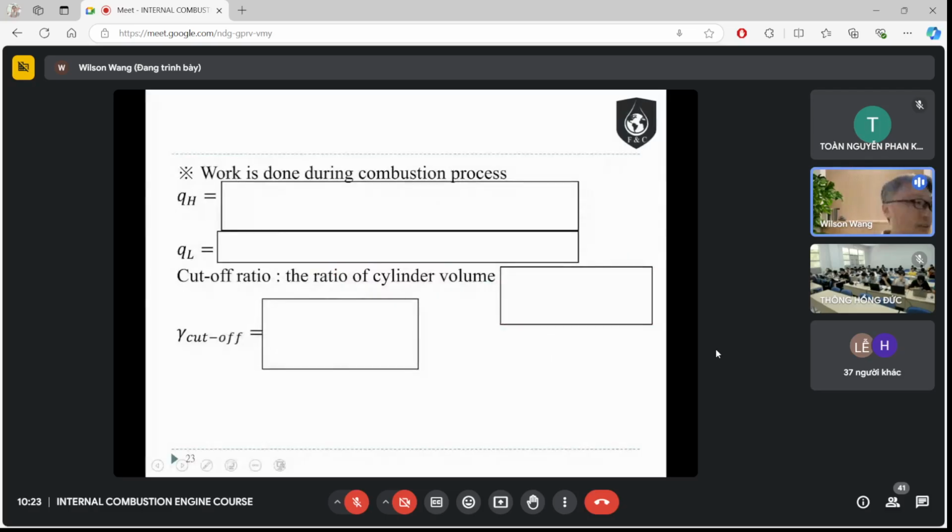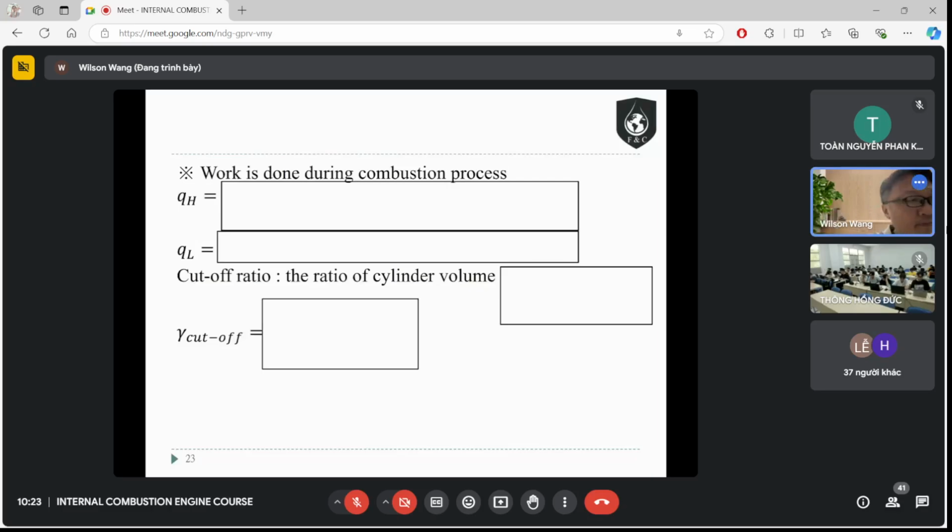The work is done during the combustion process. This is something different from the Otto cycle. During the Otto cycle, the combustion process only has the heat input, we only have QH. But for the diesel cycle, during the combustion process, we have work done.